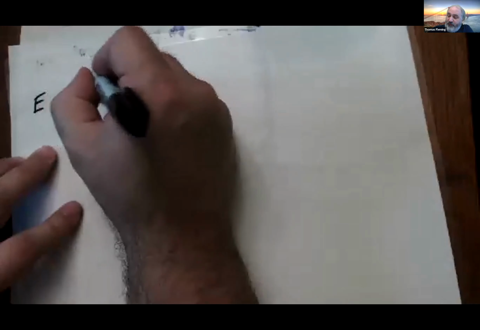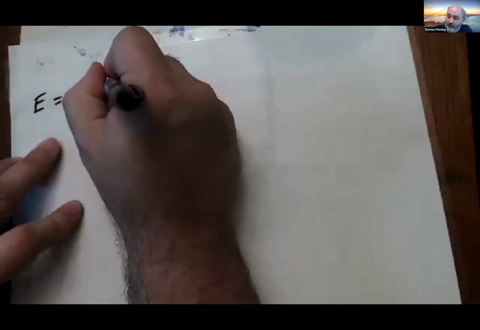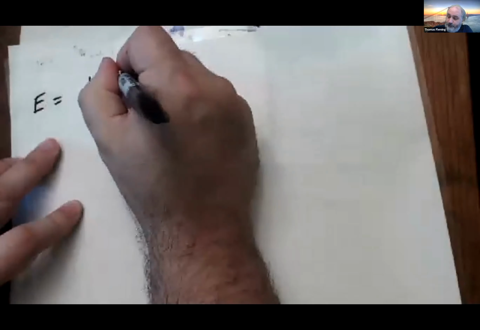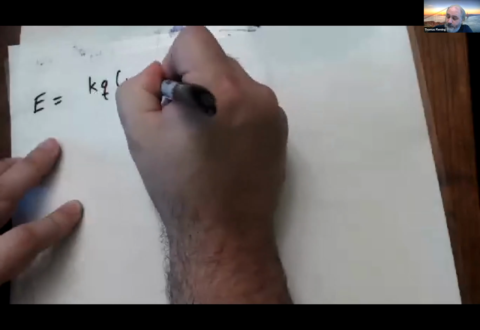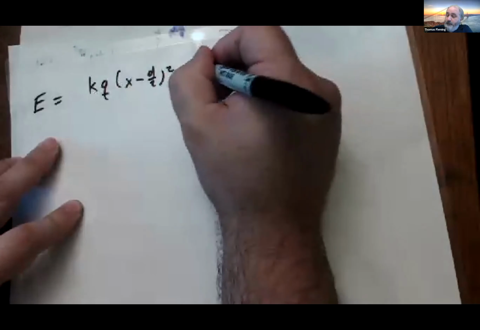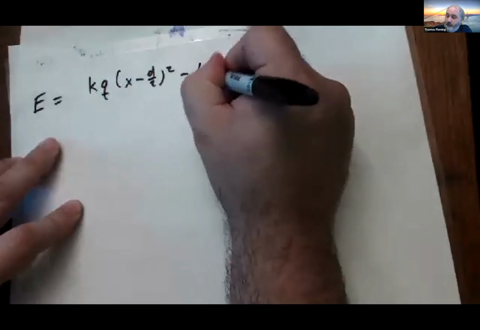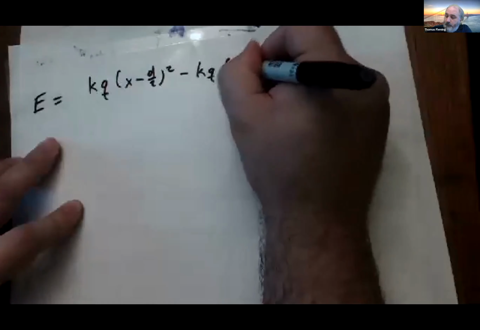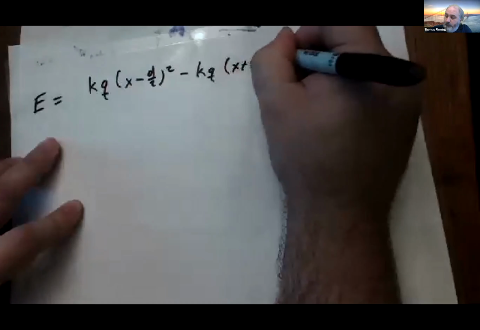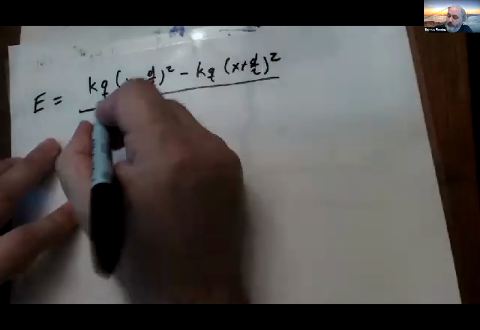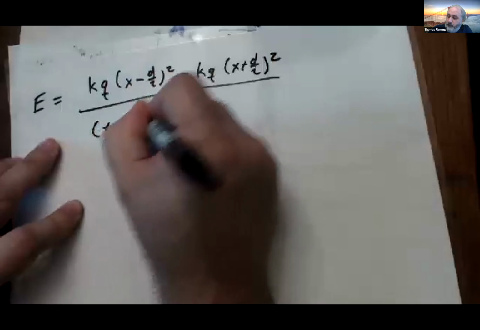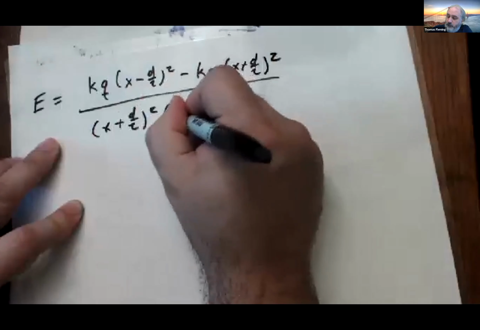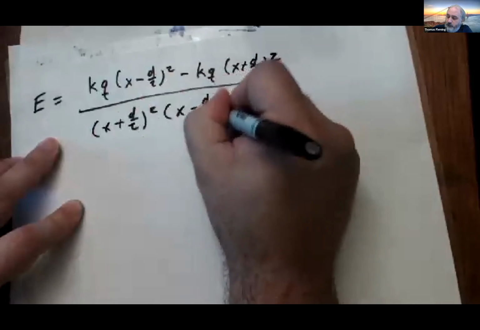So as one big fraction, I've got K, Q, all over the common denominator.